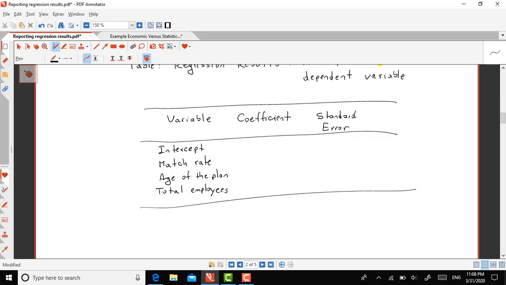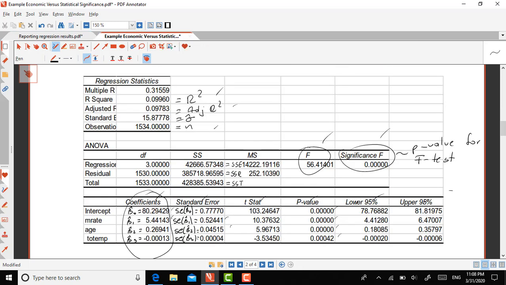And here we write down the coefficients: 80.2143, 5.4414, 0.2694, minus 0.0001. For this one, it's exactly the same order of the values that we have here, coefficient, standard errors.